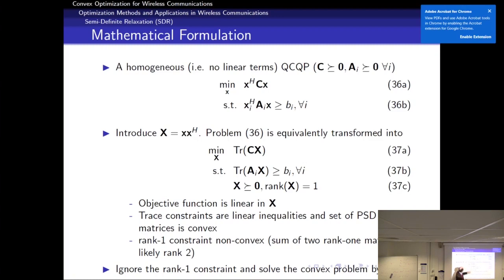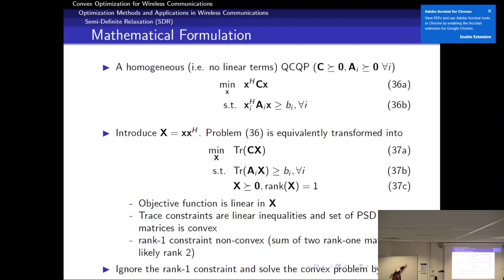Because this quantity is semi-definite positive, right? That means the eigenvalues of this are always positive or equal to 0. And this is the case. So this is indeed semi-definite positive. But this is semi-definite positive with rank 1, right?